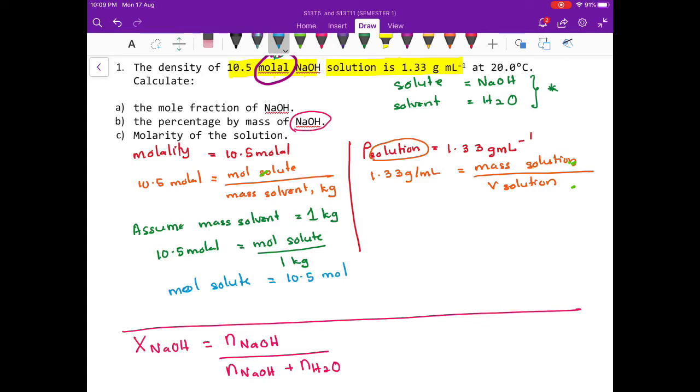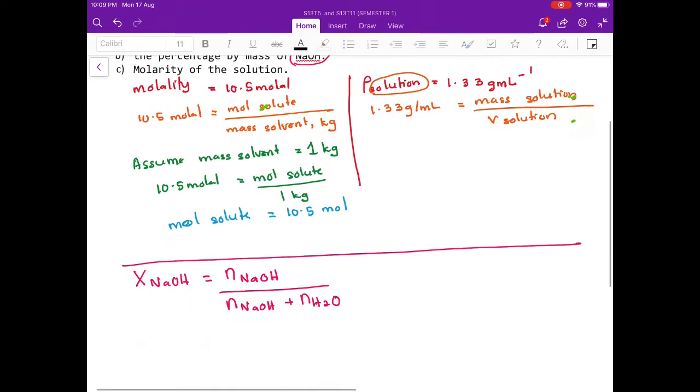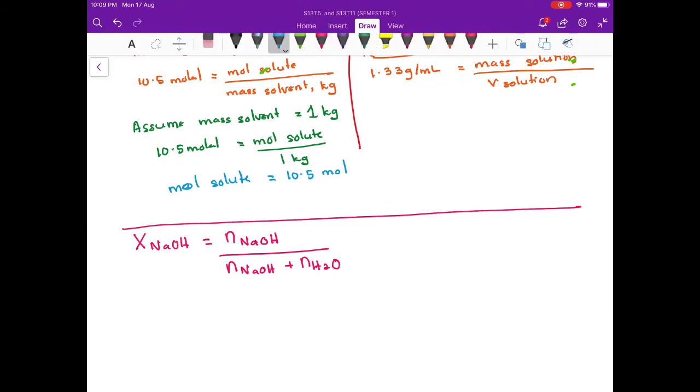So, let's look at the information that we need. We can straight away insert the value 10.5 mole over 10.5 mole. But we have a problem now. How to determine the number of mole of water? Water is our solvent.